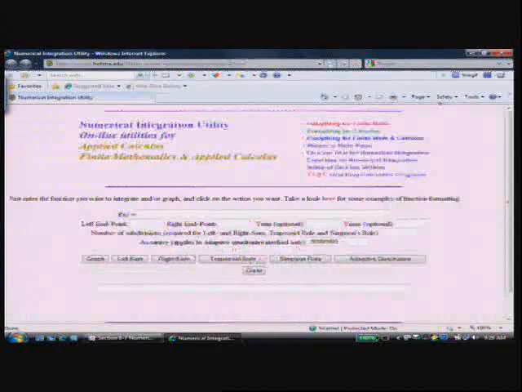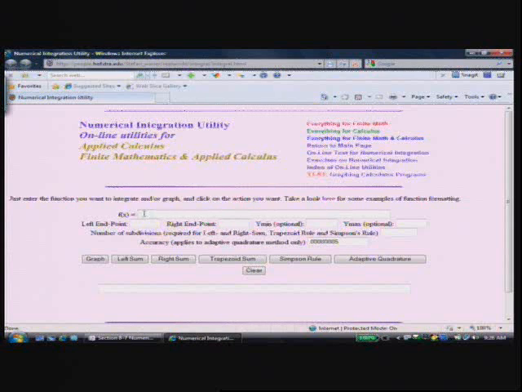Okay. All right, and so what you do is you have to enter the function. You do the left endpoint, the right endpoint, and then the number of subdivisions that you want, and then have it do the rules.